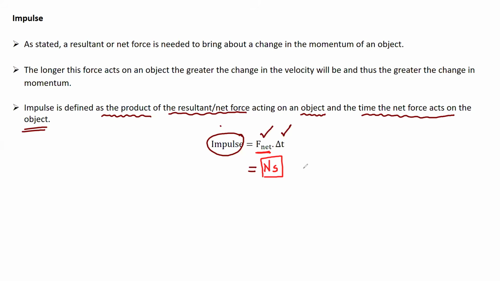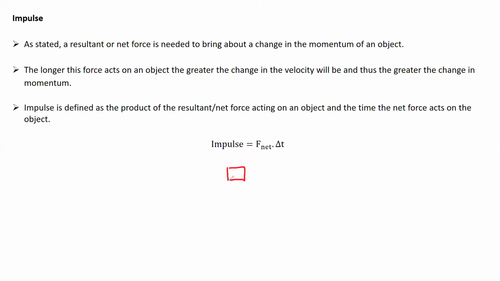So the concept starts from the fact that when there is an object and there's a force acting on the object, the force that acts will change the velocity of the object and eventually the momentum. Impulse comes in and says, how long? How long is this force acting?